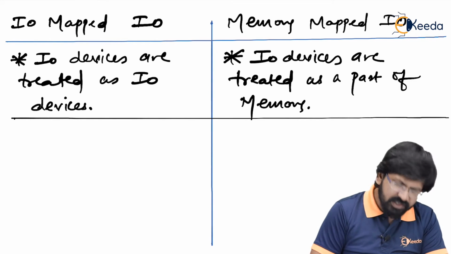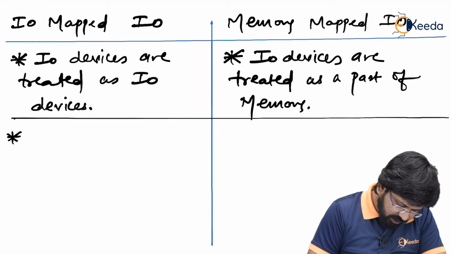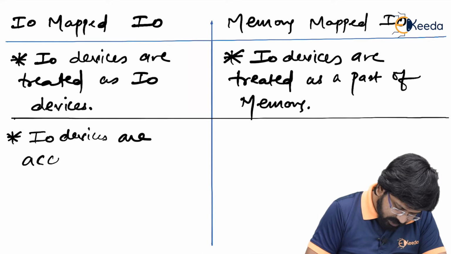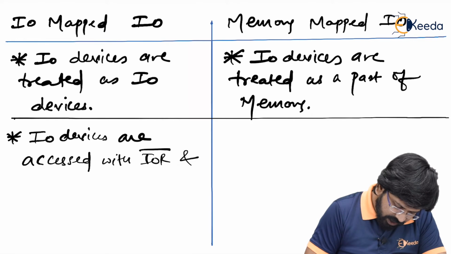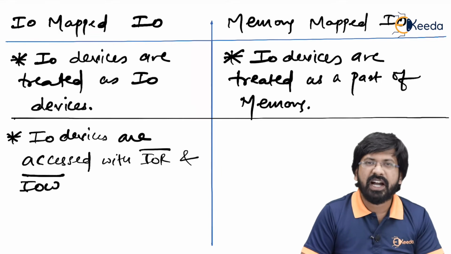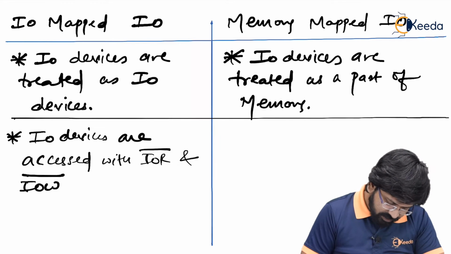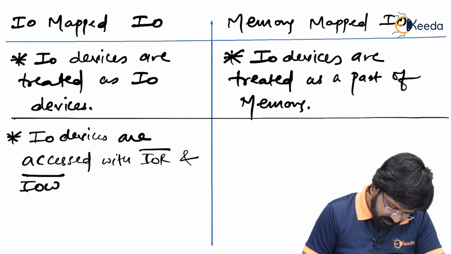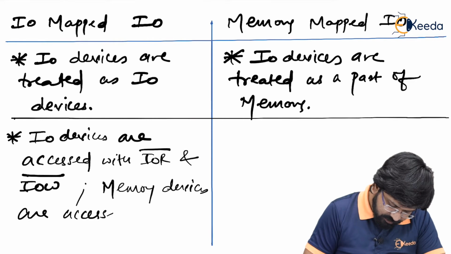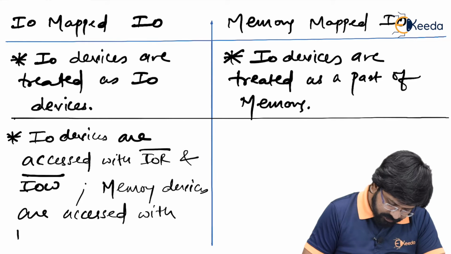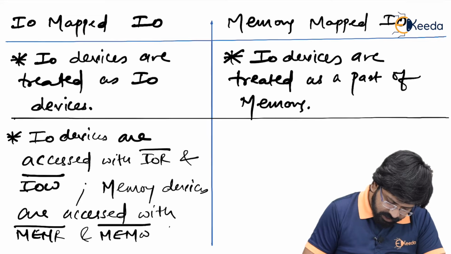So in IO mapped IO technique, which is a very simple technique, IO devices are accessed with the IOR bar signal and the IOW bar signal, that is IO read and IO write control signals, as well as memory devices are accessed with, I'm sure you can guess, the MEMR bar and MEMW bar control signals.